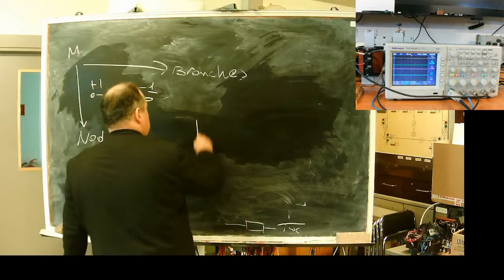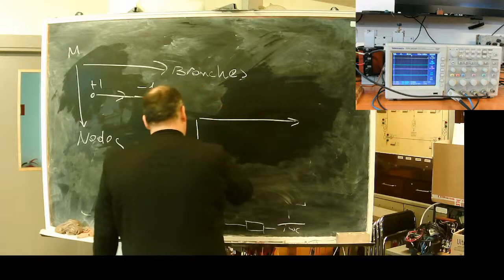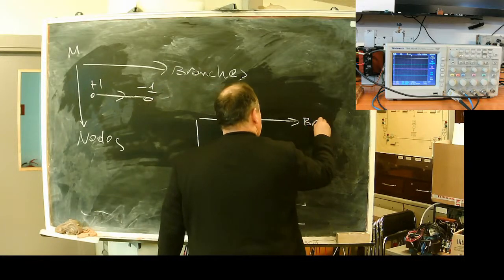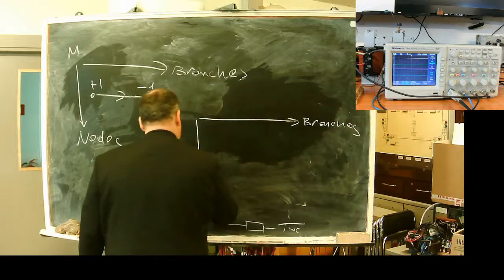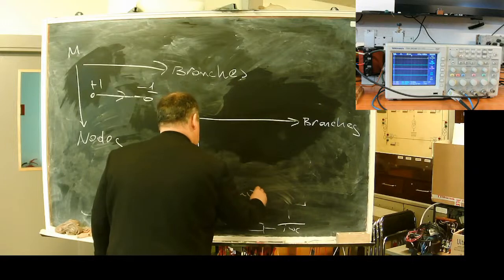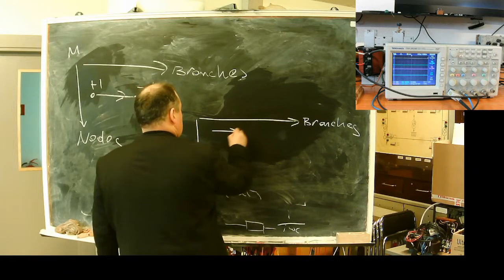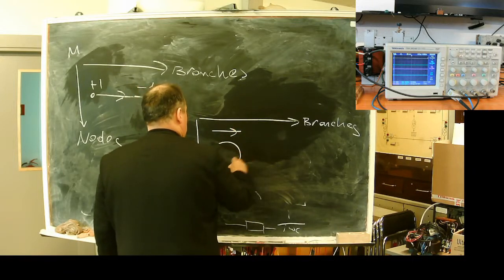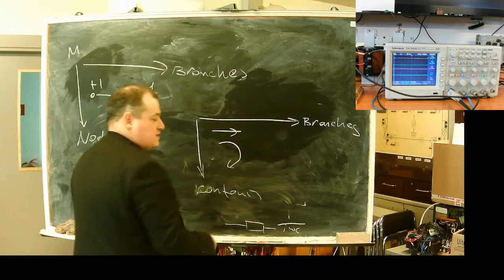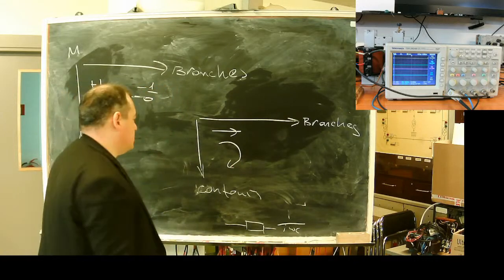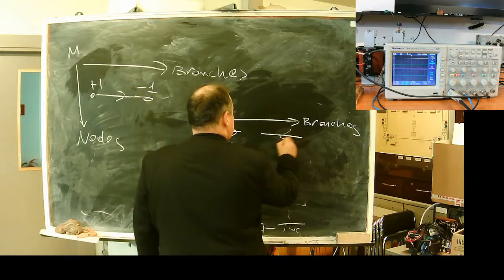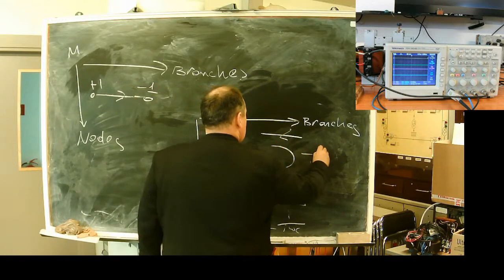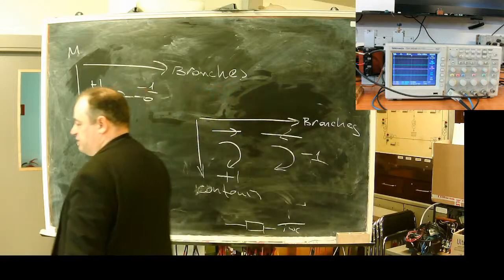You need to do something with contours, no problem. If the branch corresponds to the selected contour and walks in the direction, write plus 1. If it goes in the opposite direction, write minus 1, and everything will be okay.